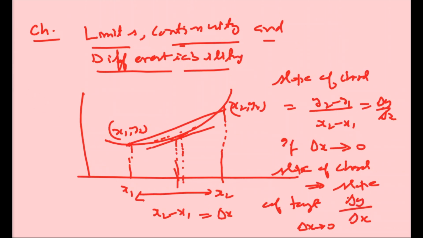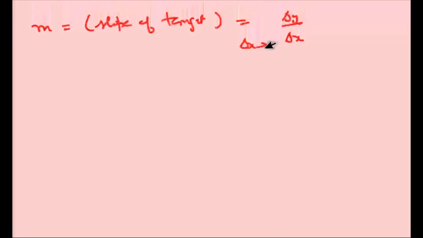So we can say the slope of the tangent is delta y by delta x as delta x tends towards 0. It is the rate of change of the curve at delta x tends towards 0.